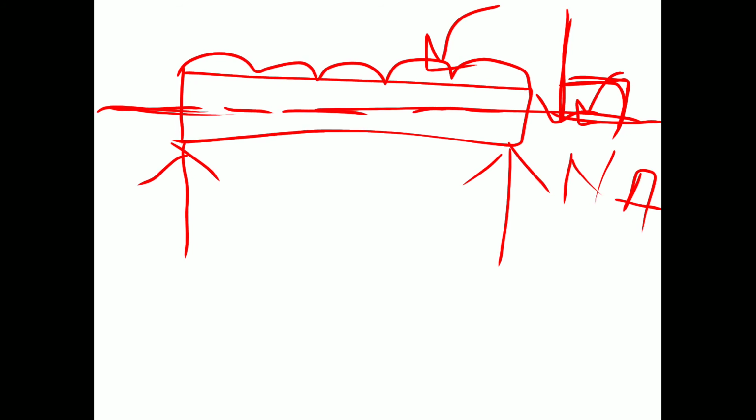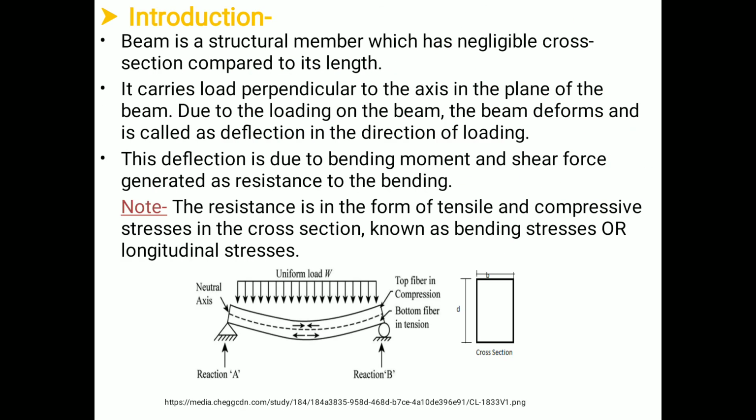The effect of that external load is the bending moment, as shown in this figure. The bending moment and the shear forces will develop, and due to that a certain deformation will take place.